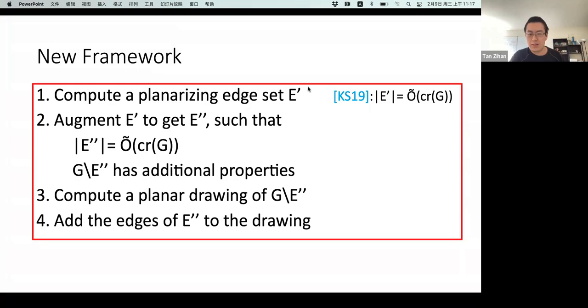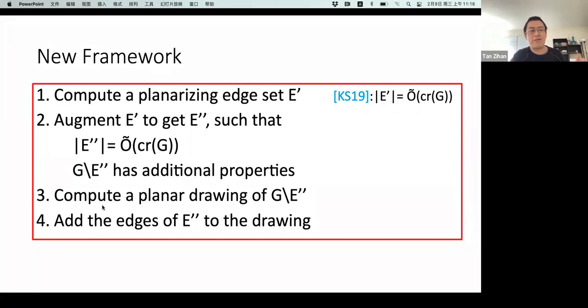After we get an E' edge planarizing set, we allow ourselves to augment this set to a bigger planarizing edge set, such that the size is still approximately CR(G), but the remaining graph has additional properties. We will specify these later, and these properties are very useful in order to get around this CR(G) squared bound.